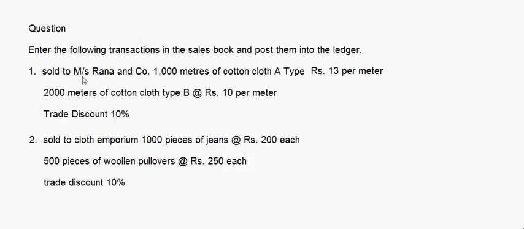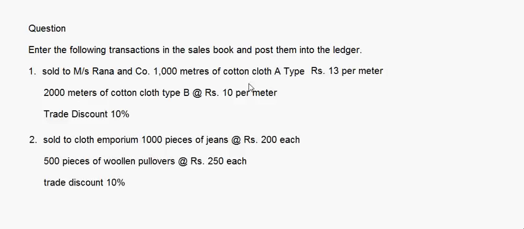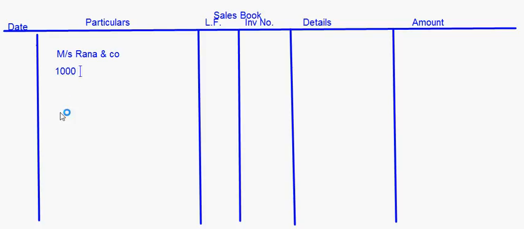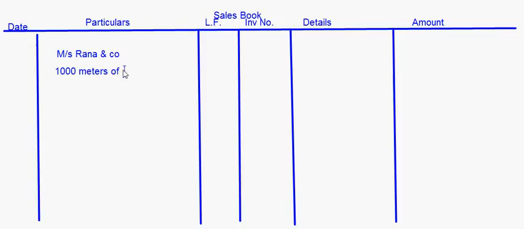This has been sold to Messrs. Rana and Company, so here you will write Messrs. Rana and Company, fine, and under that you will write 1000 meters of cotton cloth A type at rupees 13 per meter, right?